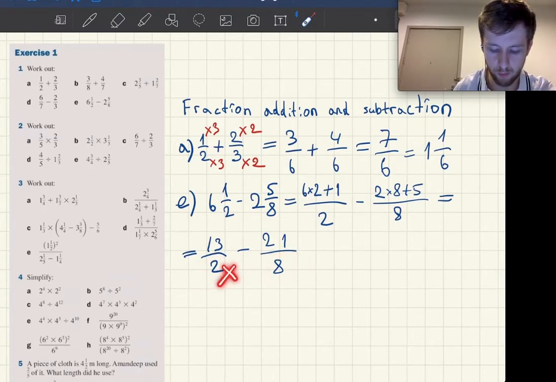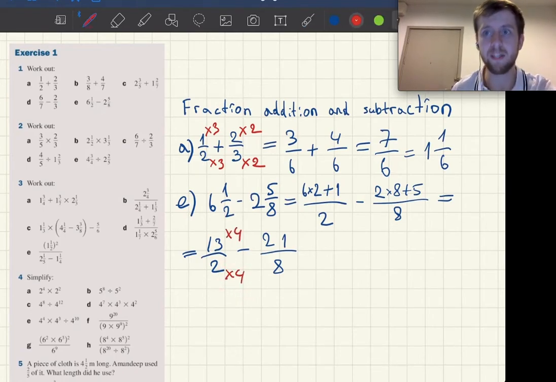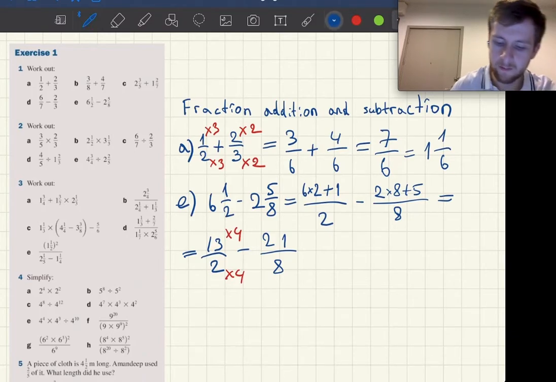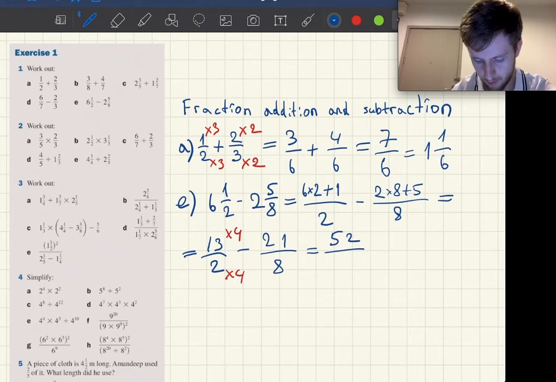So we can multiply 2 by 4 to make it 8. And then we get 13 times 4 is 52, so 52 over 8 minus 21 over 8.